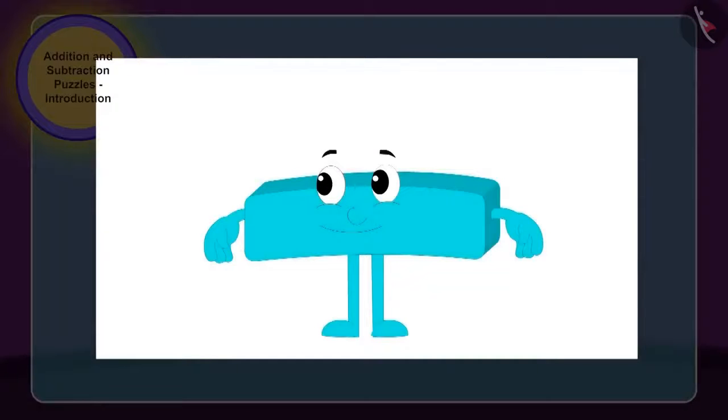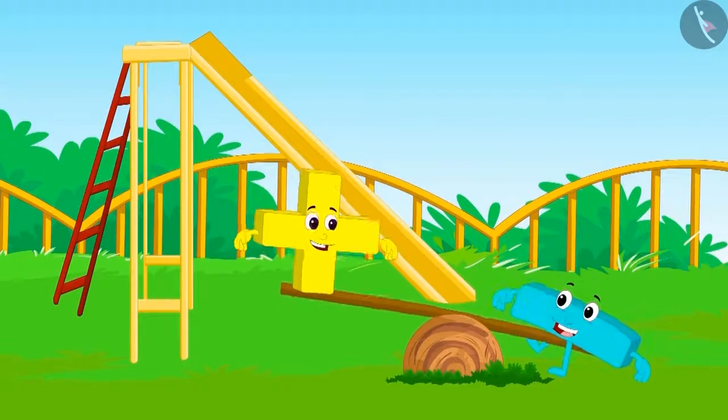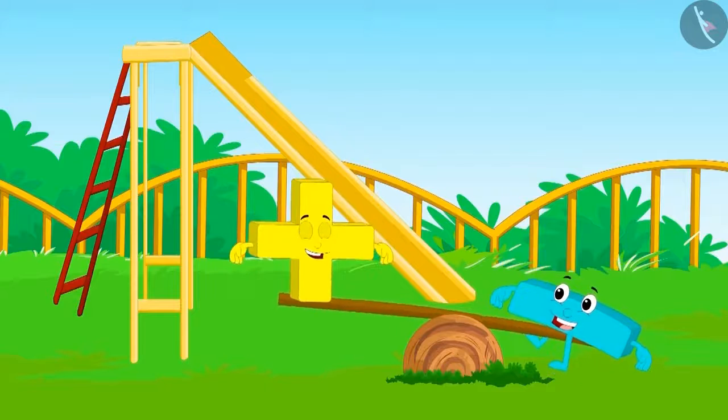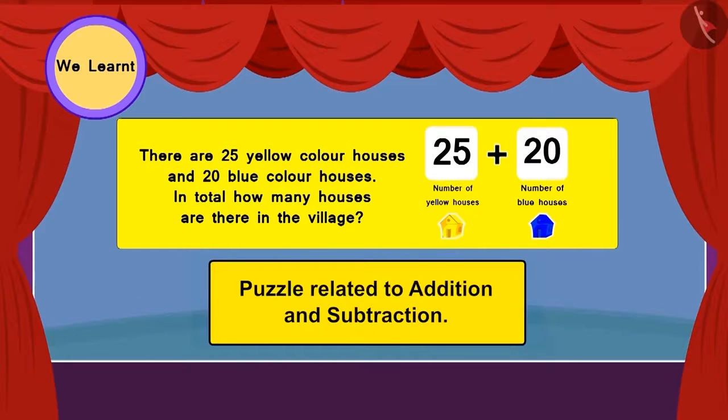Children, whenever we have to find the difference between the number of two objects, we use subtraction. Addition and subtraction had a lot of fun in the park. Children, in this lesson, we saw some puzzles related to addition and subtraction. We will see some more interesting examples of this in the next two lessons.